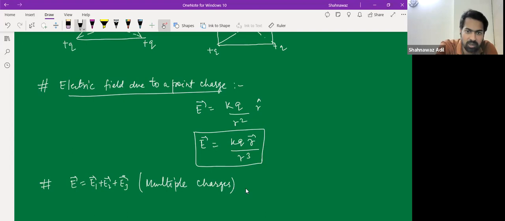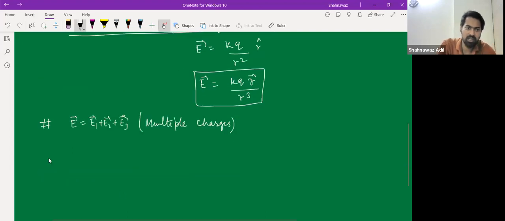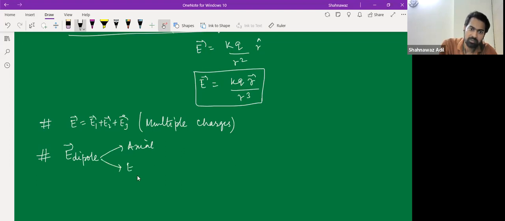And then we also learned that the electric field due to a dipole has two parts. One is the axial one, and the other one is the equatorial one.